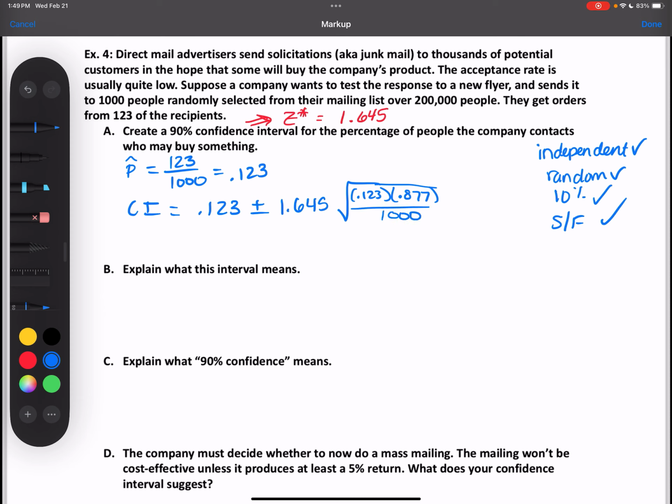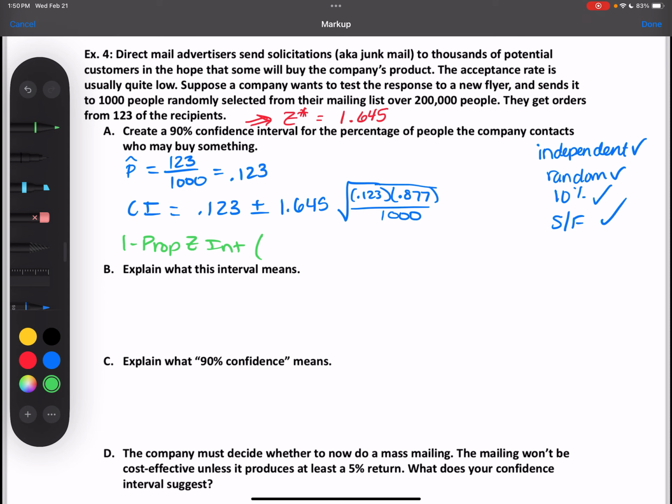Now, that would mean you'd have to put this stuff in twice to actually get this interval. So we can use our handy dandy calculator for one prop Z interval. Remember that's under stat, then test, and it should be option A or around there.